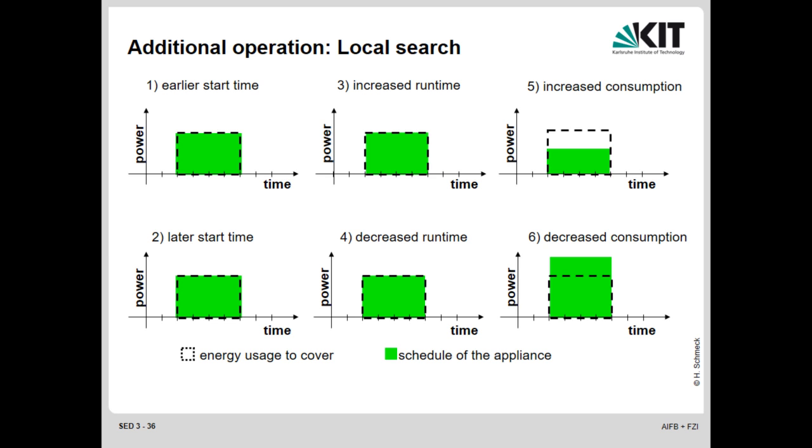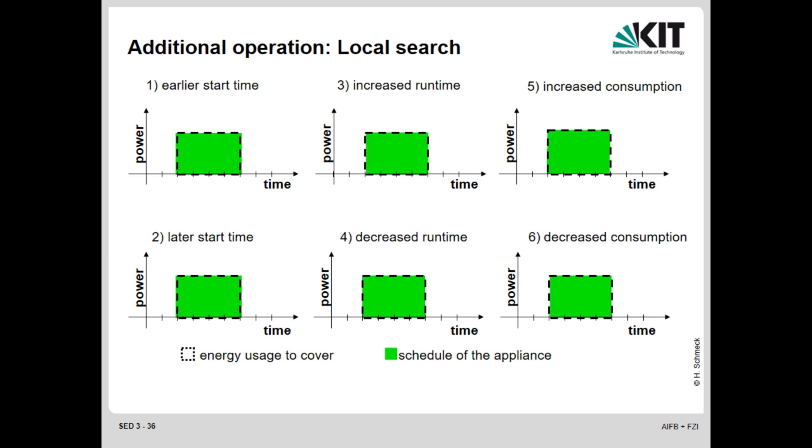Or you remember there were devices which can run at a certain range of voltages, with different power. Maybe we can increase the power consumption, or we can decrease the power consumption. So these would be local search mechanisms where we modify a solution that we have obtained, using similar methods to get a better fit and improve the solution.